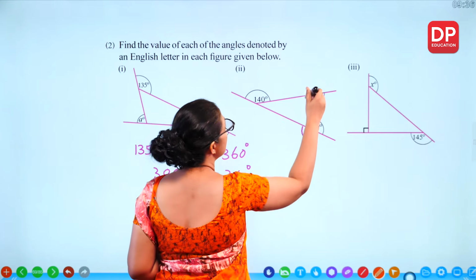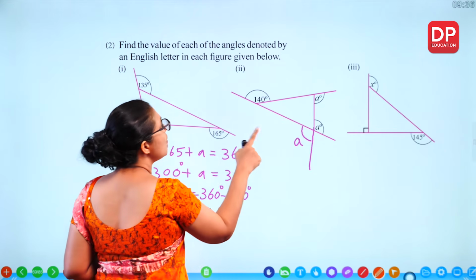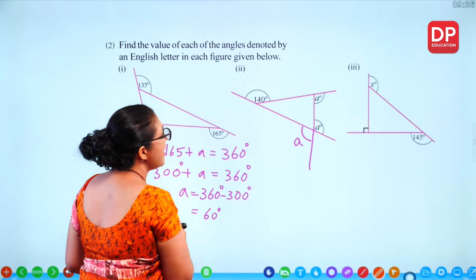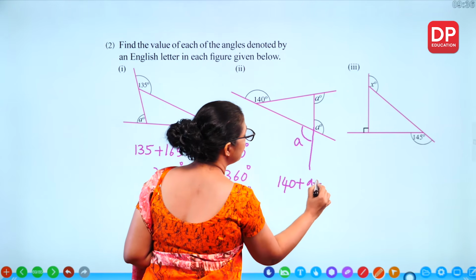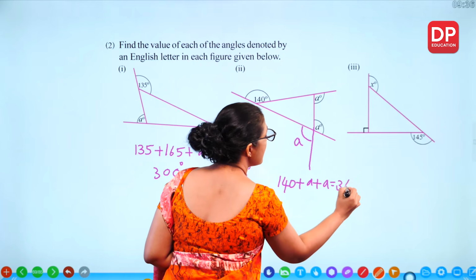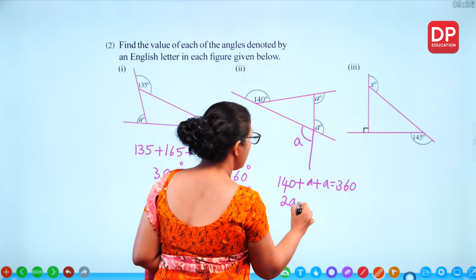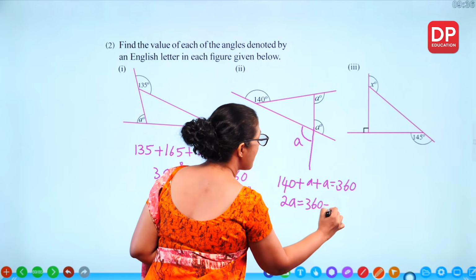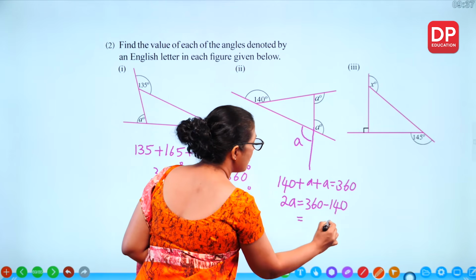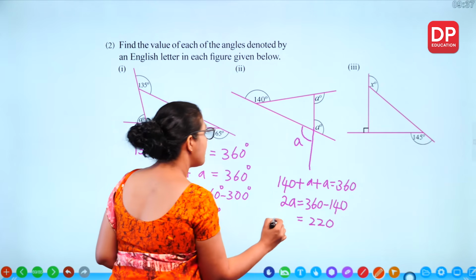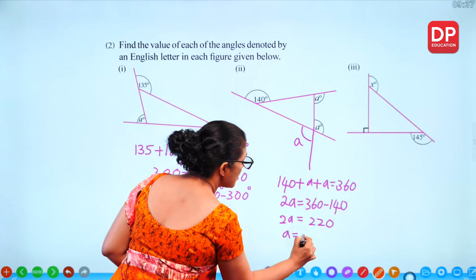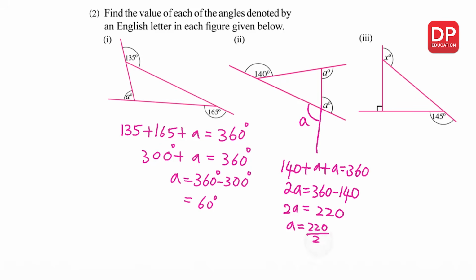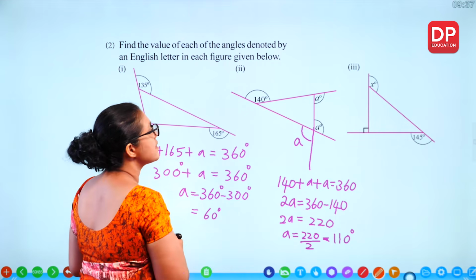So this is A. Now these three are exterior angles. 140 plus A is 360. So 2A equals 360 minus 140. What you get here? 220. So 2A is 220, A becomes 220 divided by 2, 110 degrees.